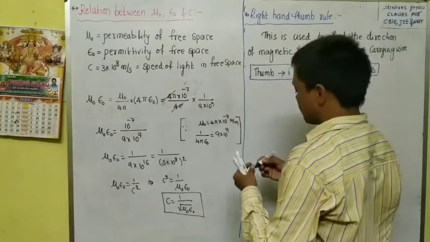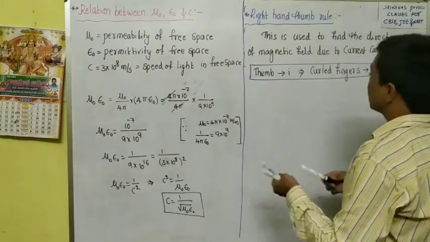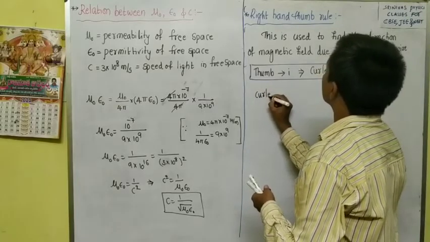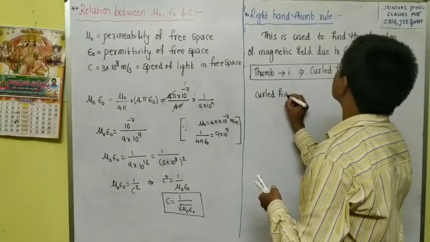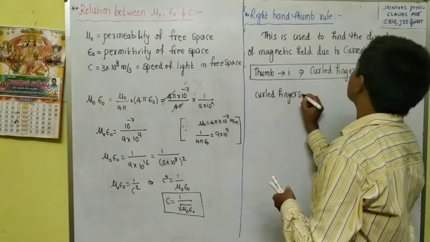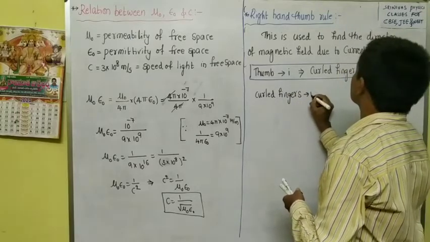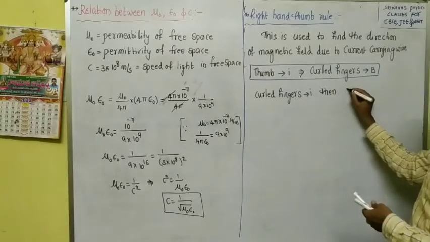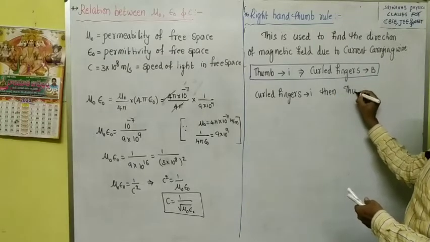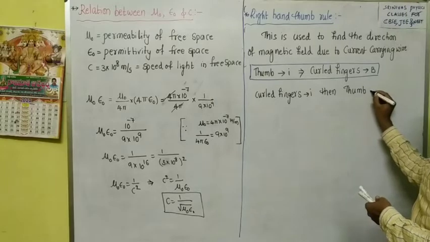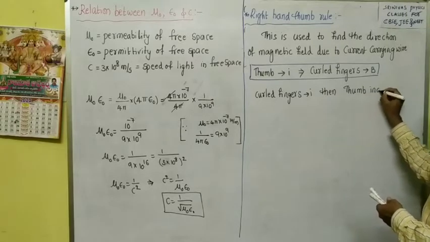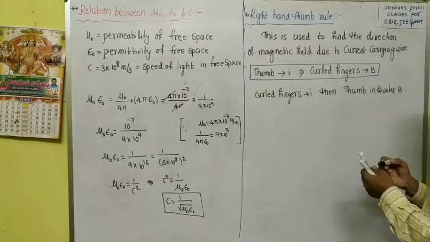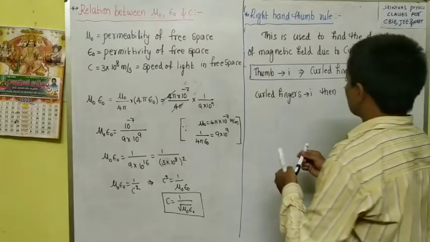If the curled fingers show the current, then the thumb indicates the magnetic field. This is the second one.